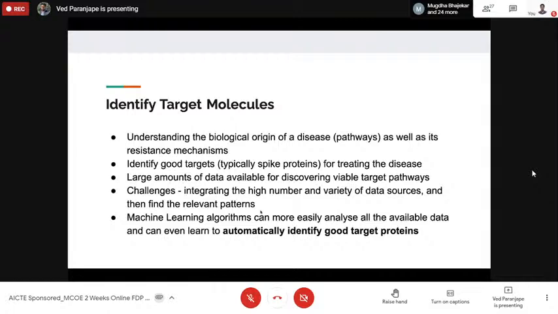There is a wide variety and lots of data, but we need to integrate this big data and employ algorithms to process it. Machine learning algorithms can more easily analyze the available data and can even learn to automatically identify good target proteins. That's the gist of identifying target molecules.